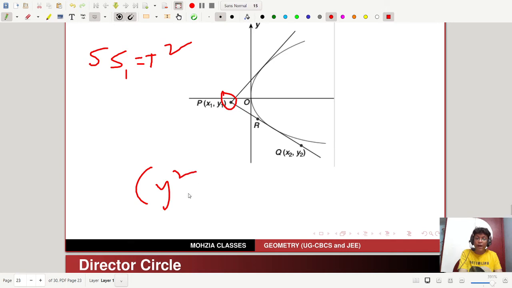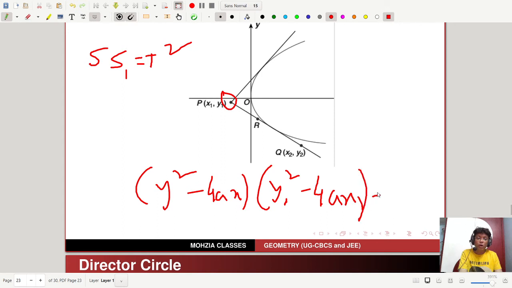So y squared minus 4ax, that is your s, and s1 is y1 squared minus 4ax1, right? And this equals t squared. T squared means the equation of the tangent squared. So (y y1 minus 4ax will be halved) 2a into (x plus x1), brackets closed, and squared.